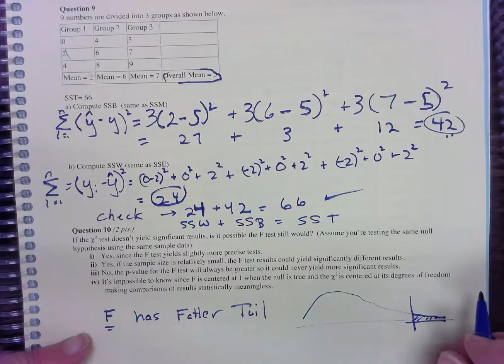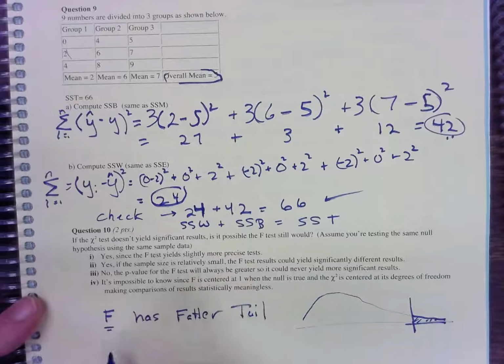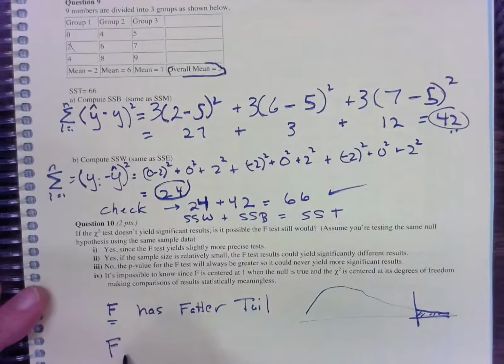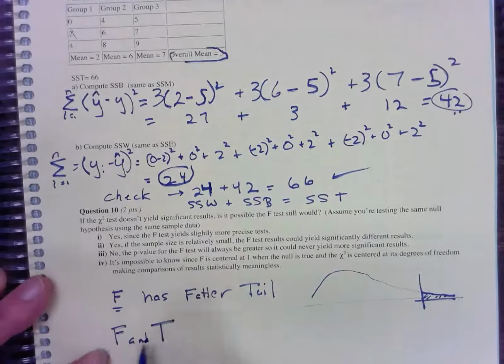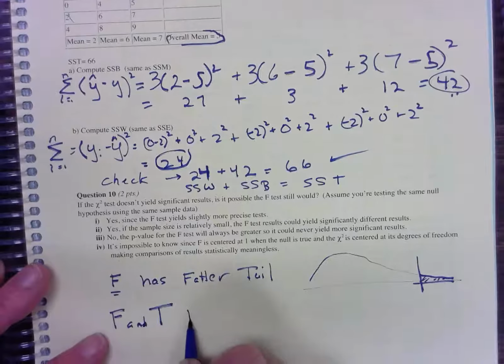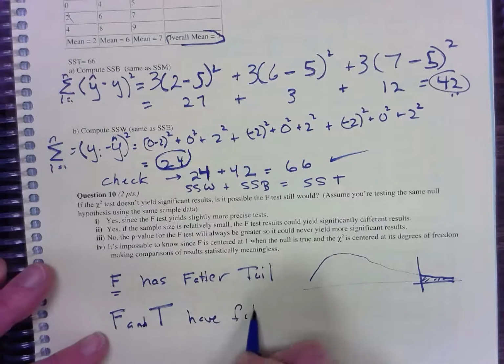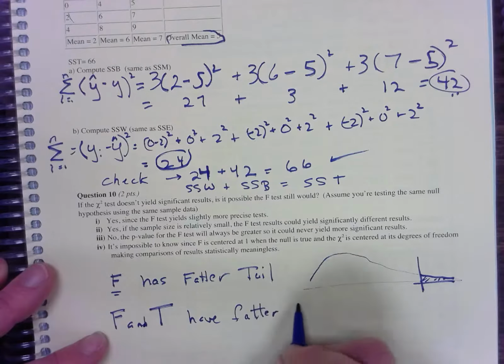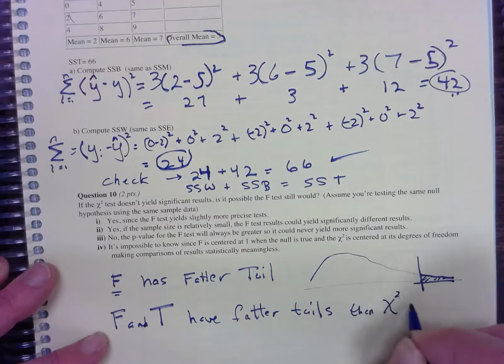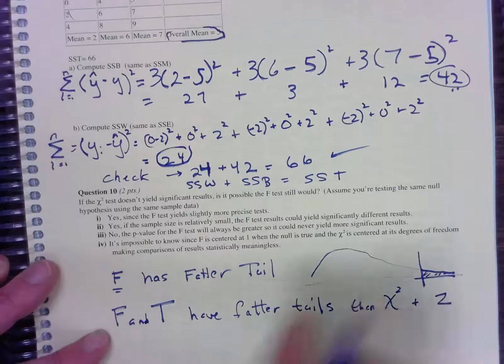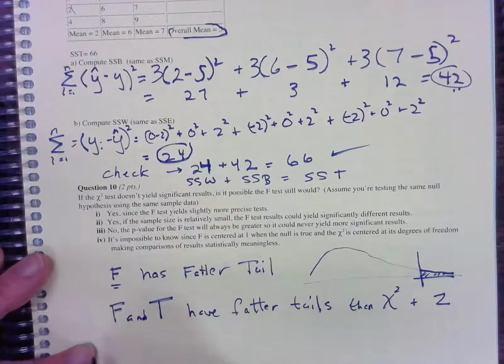Same with t. T has a fatter tail. You can remember that because F and t, I'll write it that way. That's good to remember. F and t, it's like fat, have fatter tails. Okay, so they have bigger p-values.